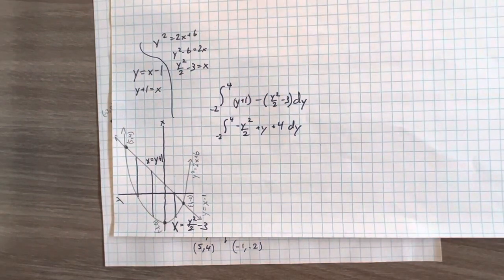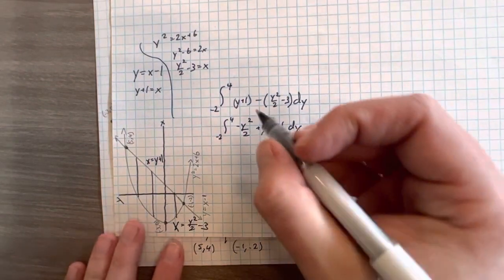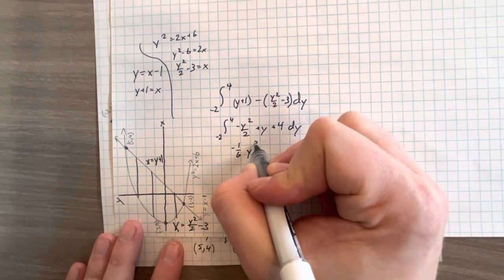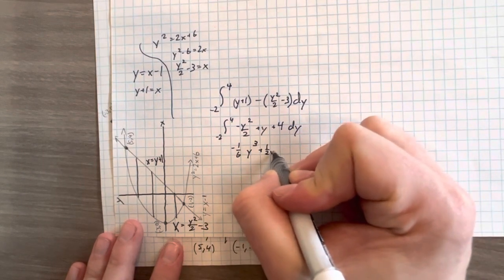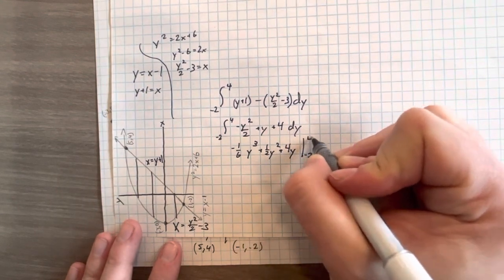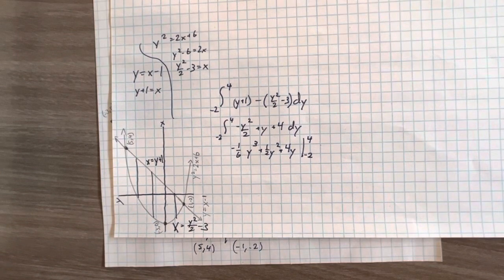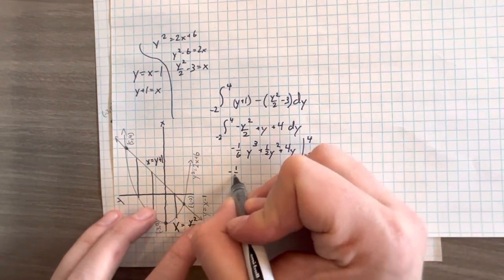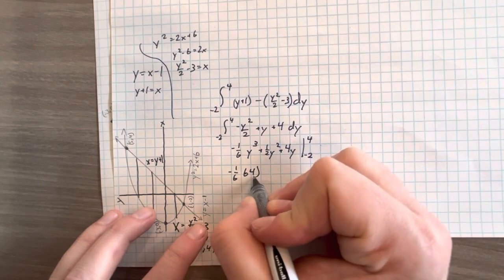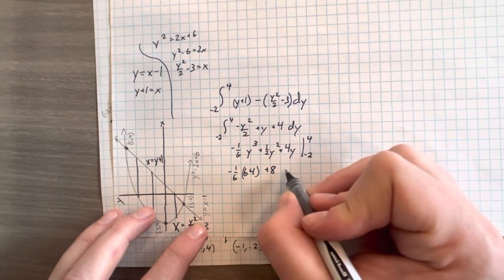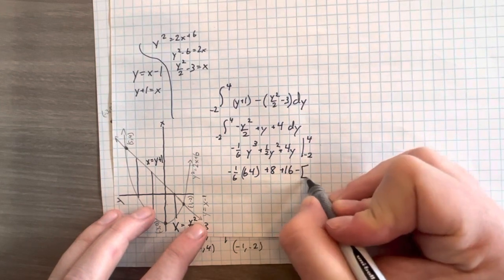At this point, we're going to integrate here: -1/6 y to the third plus 1/2 y squared plus 4y, from -2 to 4. We're plugging these numbers in. This is 64, 16, that's 8. This is a 16, and we're subtracting.